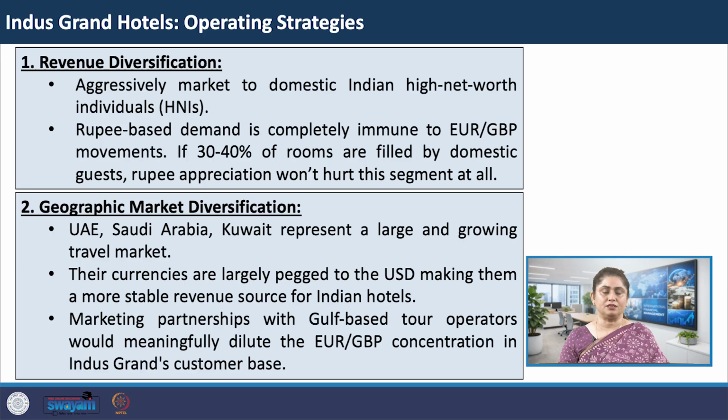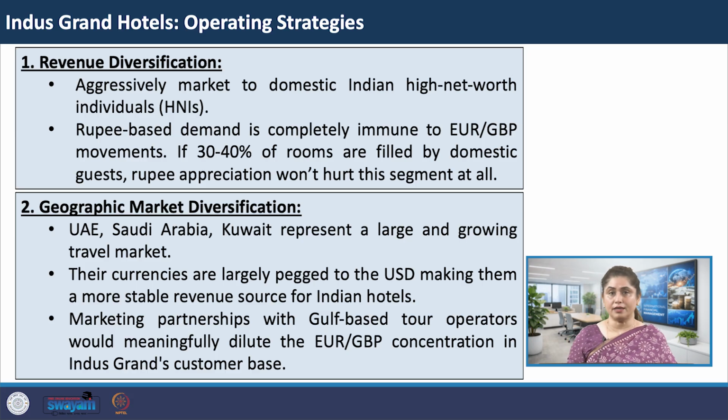If even 30-40% of rooms are occupied by domestic guests, then a rupee appreciation against the euro has no impact on that portion of revenue at all. The domestic Indian luxury travel market has been growing rapidly, and Indus Grand is well placed to capture this demand.